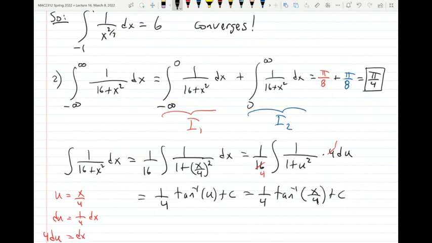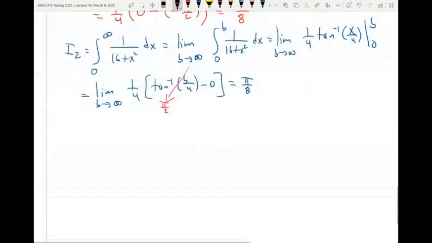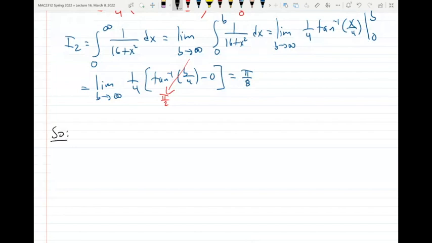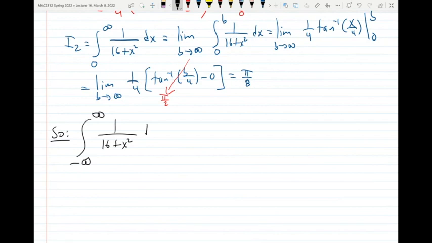All right, so put it here. The integral from negative infinity to infinity of 1 over 16 plus x squared equals pi over 4, and therefore converges. Okay, questions?